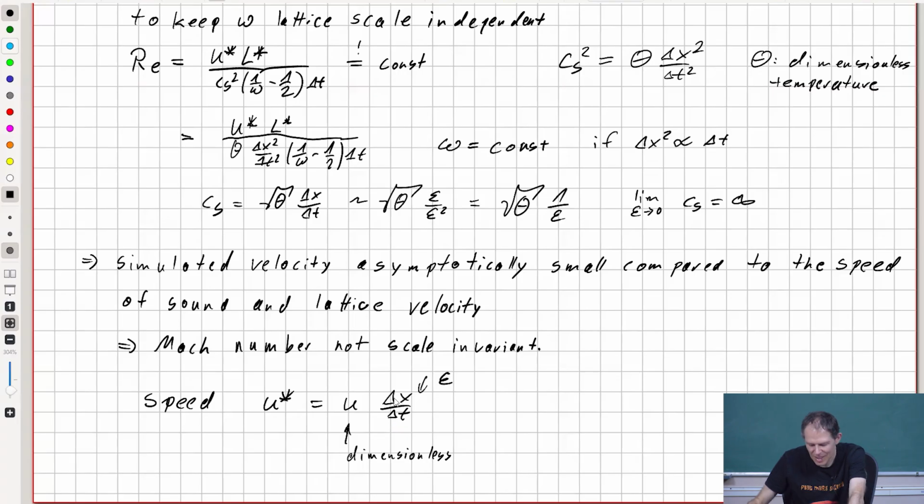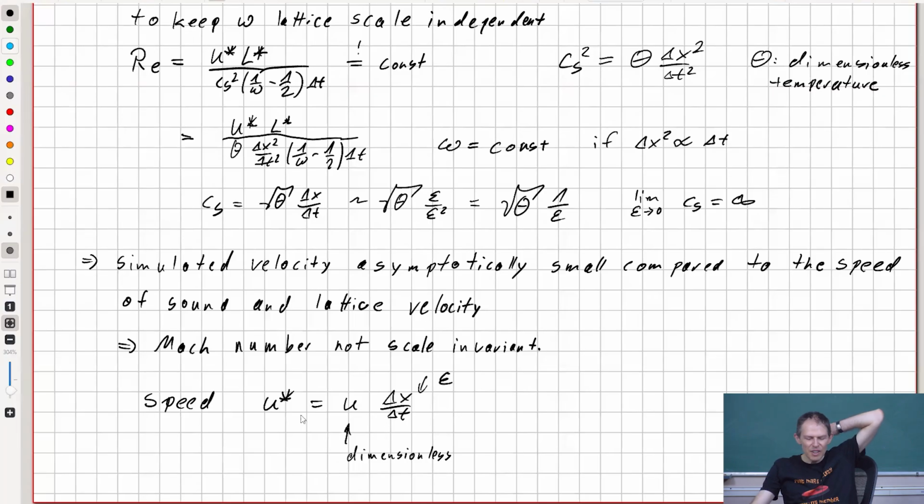I see there can be confusion, that this here is given in lattice units. So from this perspective, delta x is 1 and delta t is 1 because it's given in those units.